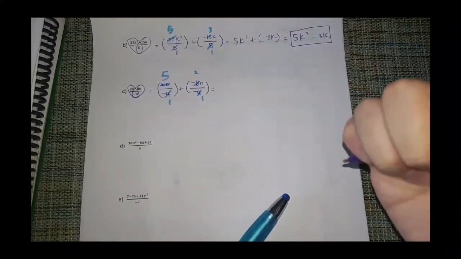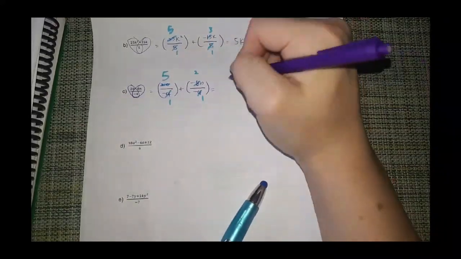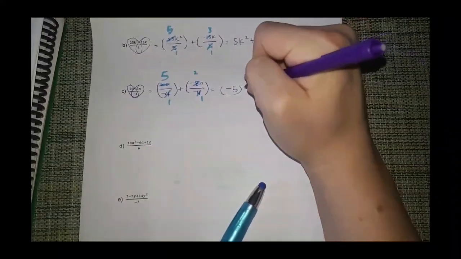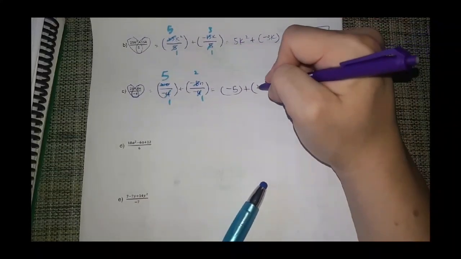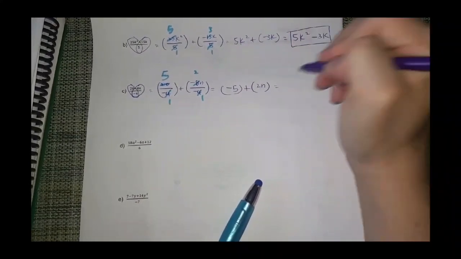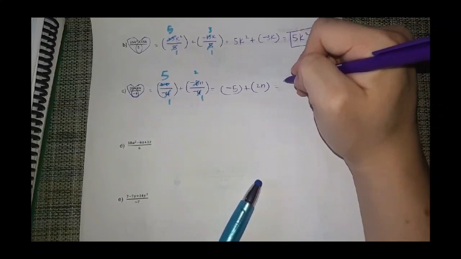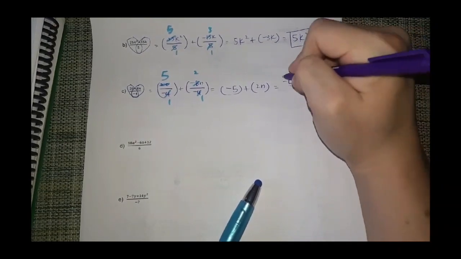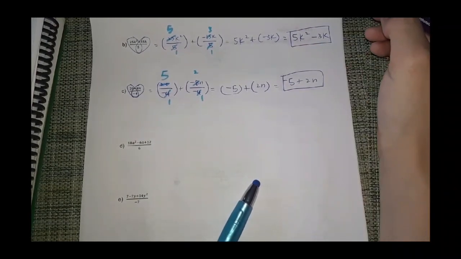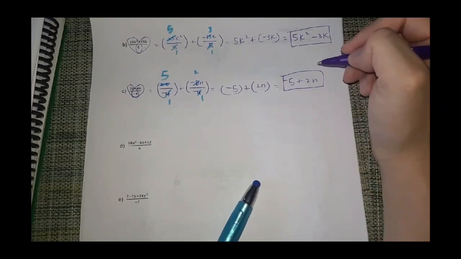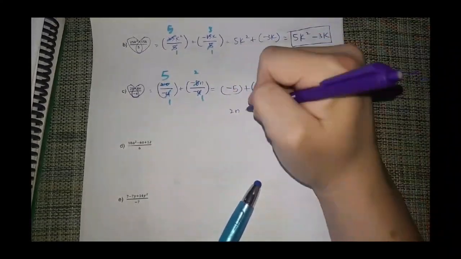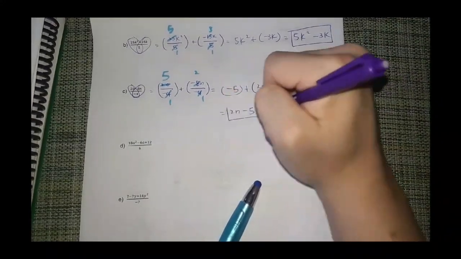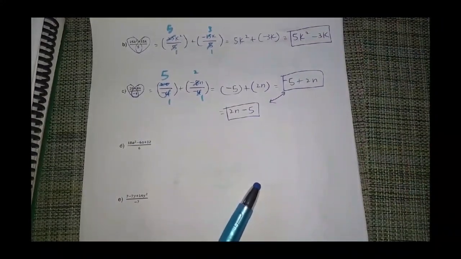So this becomes slightly tricky. 5 over negative 1 is actually negative 5. Adding with negative 2 over negative 1 is positive. So you can rewrite this as negative 5 plus 2n. As you may notice, this is not descending order, so I like to switch it into 2n minus 5. This is a little better.